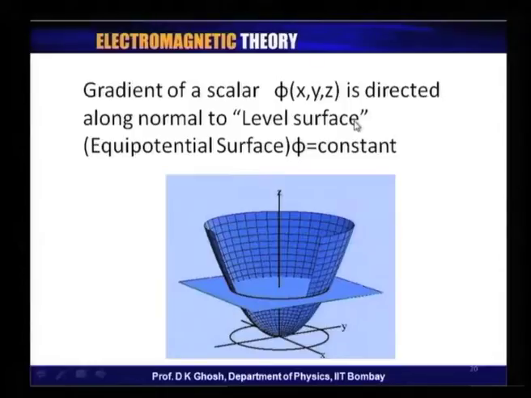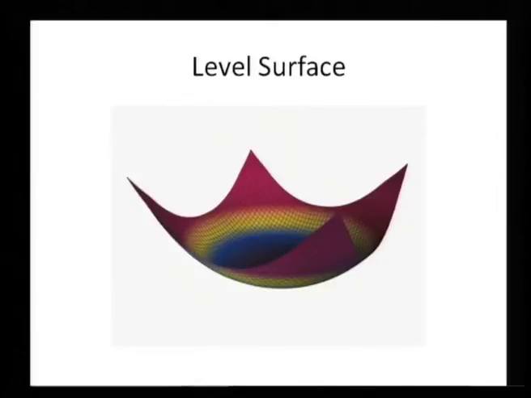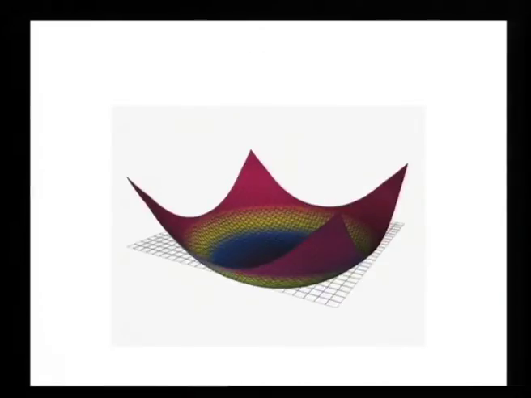Let us look at the same picture slightly differently. This is the picture that we drew of the function x square plus y square, with the axes removed. Now, if I look at the intersection of this surface with a plane, obviously a plane on which the value of the function remains constant will cut this surface in a circle.